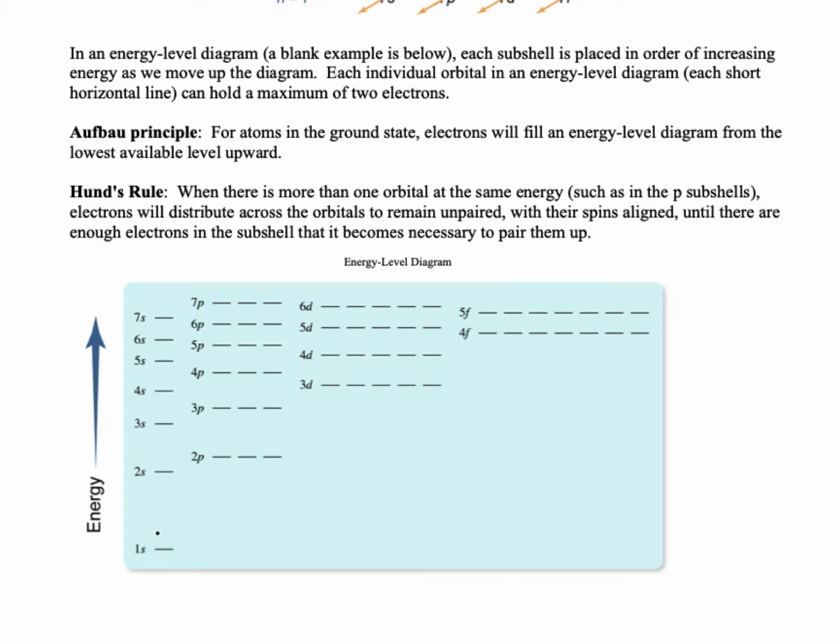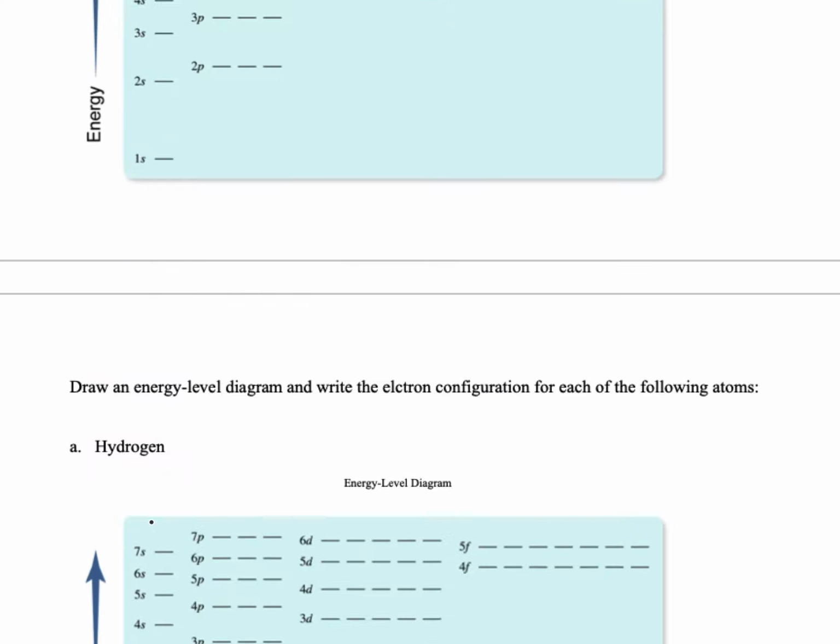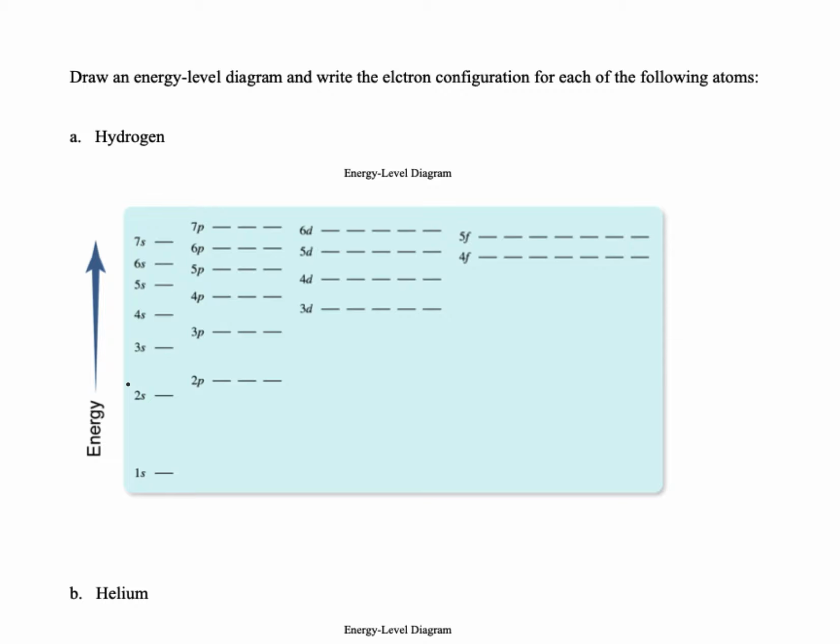So we're going to actually start at the bottom with hydrogen. So let's complete an energy level diagram for hydrogen. Now in the Bohr model, we know that hydrogen has just one electron. One electron in the first n equals 1 shell. So this electron is going to correspond to what is called 1s1 as an electron configuration, it's called.